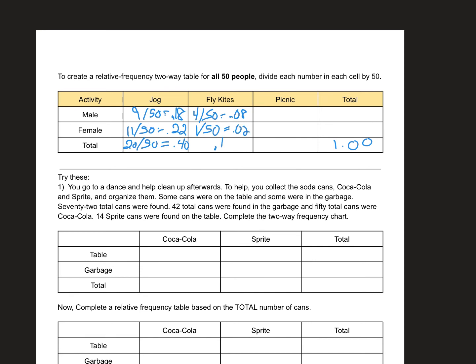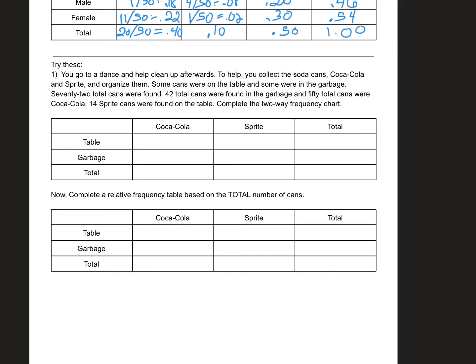And this one's going to be 0.10. 0.50. 0.20. 0.30. Again, I'm just putting these numbers in to get out my answers. 0.46. Again, I'm just taking the numbers divided by 50, and then here I get 0.54. Okay? So, now let's come down to look at this last one.